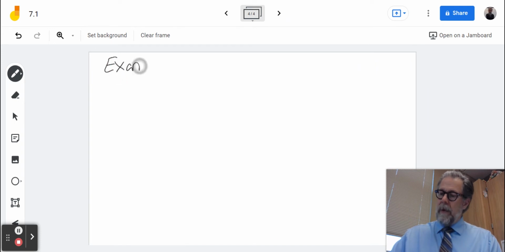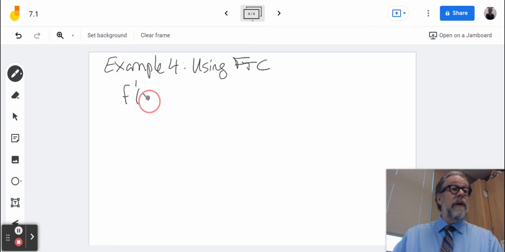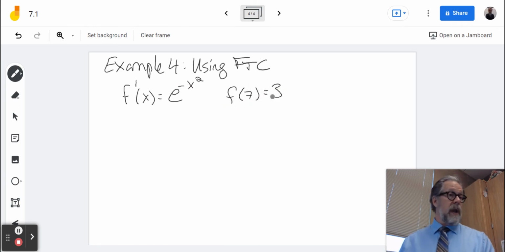And the example we will do will be using the fundamental theorem of calculus. I am given a derivative, which is e to the -x squared, and I am told that f of 7 is equal to 3. Now, it turns out we don't have an antiderivative for e to the -x squared.